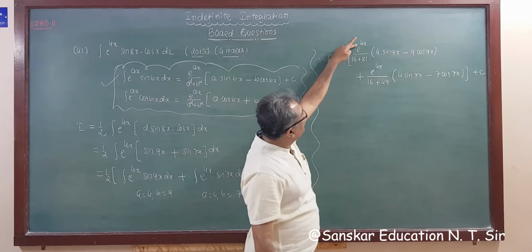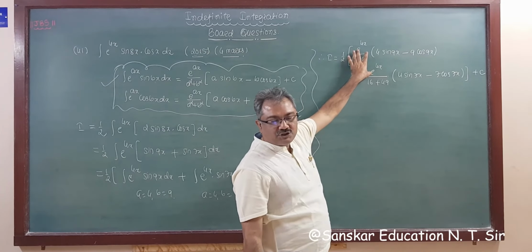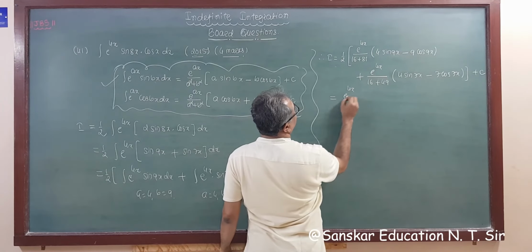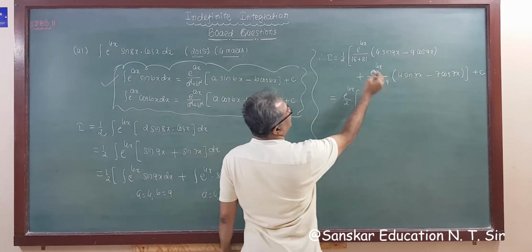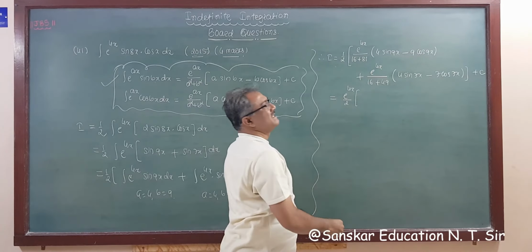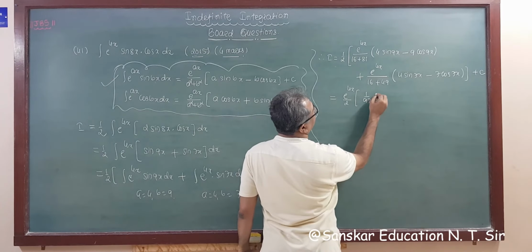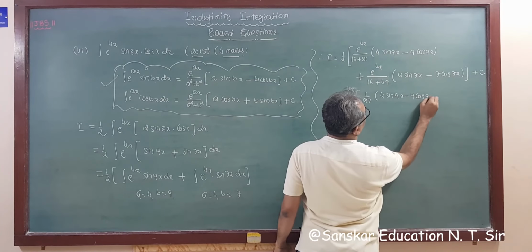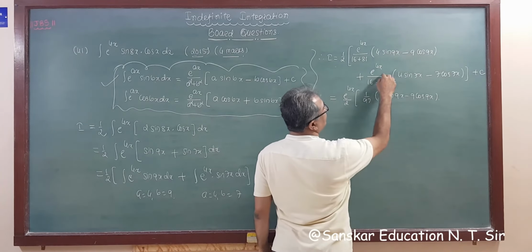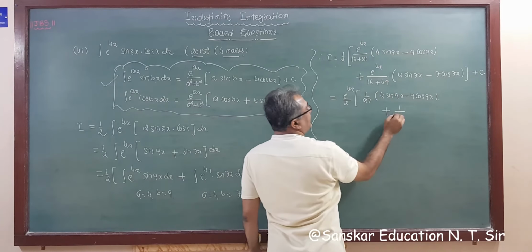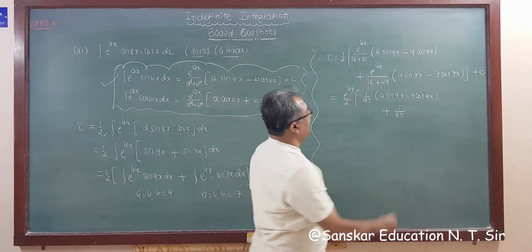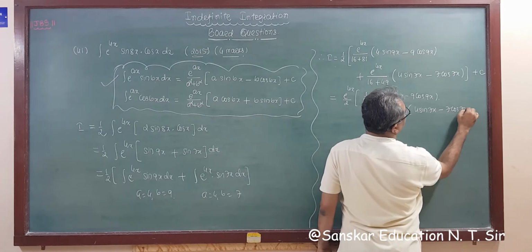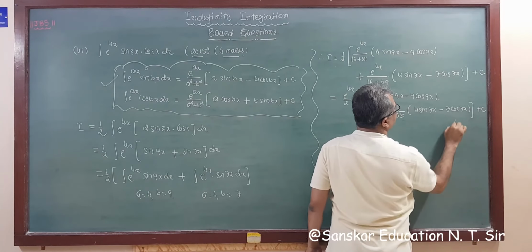So taking e raised to 4x common from here also, and 1 by 2 is already there, remaining will be 1 upon 16 plus 81 is 97, so 1 upon 97, 4 sin 9x minus 9 cos 9x, and plus this is 1 upon 65, right? And 4 sin 7x minus 7 cos 7x and plus c, that is your answer.